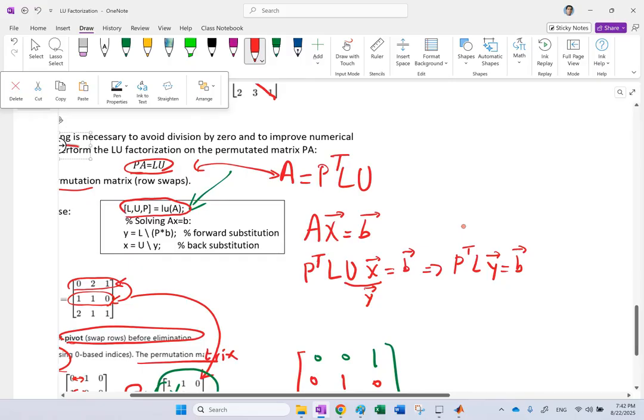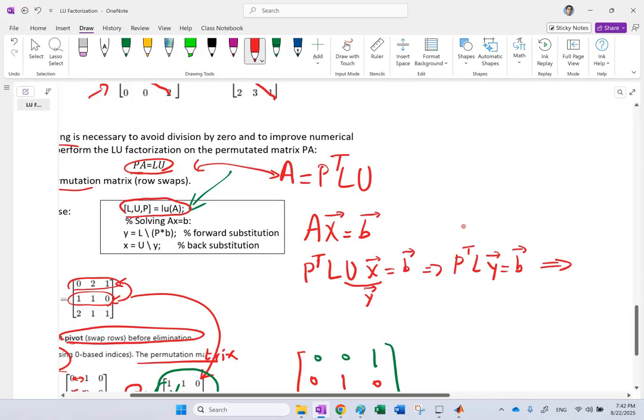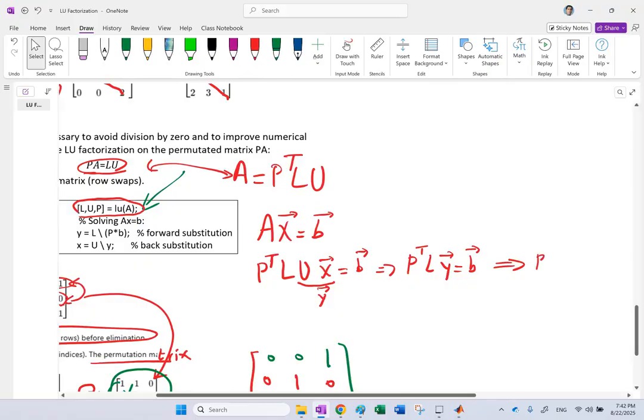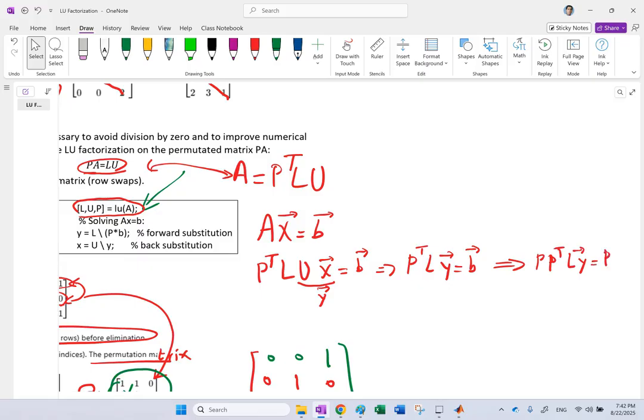Can I solve for Y? Yes. So first thing I need, I multiply both sides of it by P, and it will be P P transpose times L times Y equals P times B. And the question is, what is P times P transpose? And the answer is, this is an identity matrix.